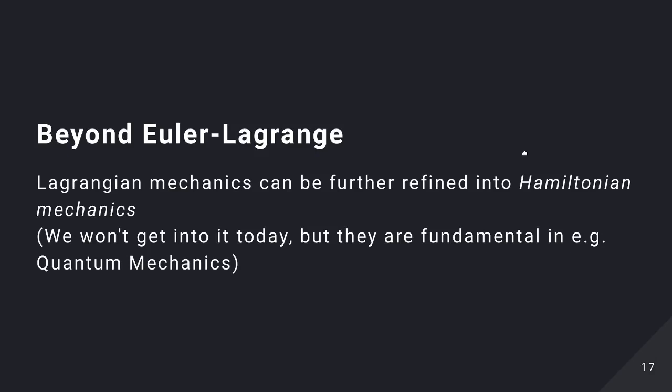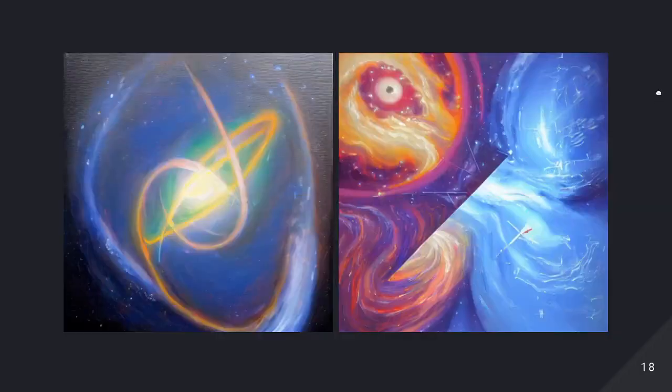So, for example, the Schrödinger equation, which is one of the fundamental equations in quantum mechanics, is actually just the Hamiltonian. Yeah. All I have left is some further Stable Diffusion images of the Euler-Lagrange equations, and we can start the discussion.